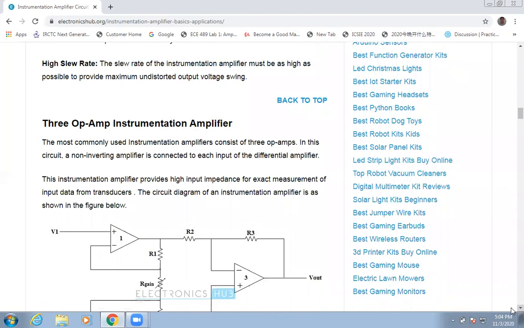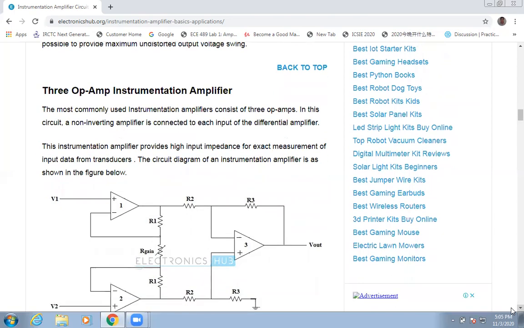The most commonly used instrumentational amplifier consists of three operational amplifiers. In this circuit, a non-inverting amplifier is connected to each input of a difference amplifier. This instrumentational amplifier provides high input impedance for exact measurement of input data which is received from the transducers.